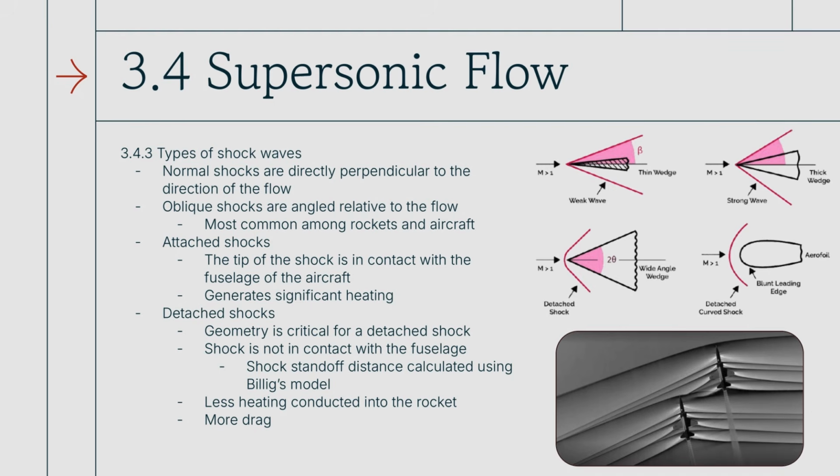It's super sensitive to that radius. Even a difference of 10 millimeters or 5 millimeters will greatly affect how much distance there is between the shock and the actual beginning of your vehicle.